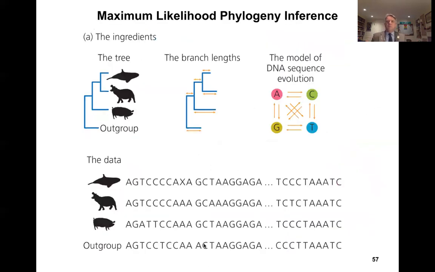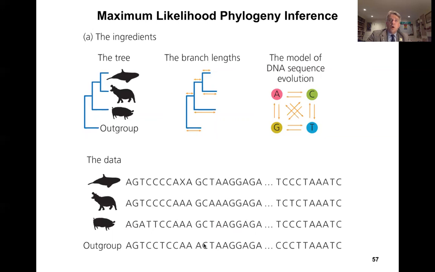So moving beyond parsimony, I'm just going to mention this. We're not going to really get into the weeds with it like we did with parsimony. And for those who are interested in phylogenetics, there are upper level courses in ecology and evolutionary biology where you can really dive into this. But we'll think about maximum likelihood. Maximum likelihood is a statistical approach for optimizing a probability.